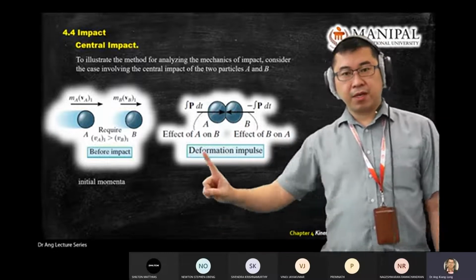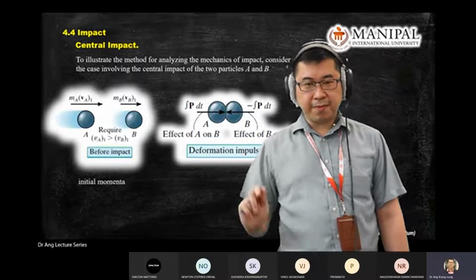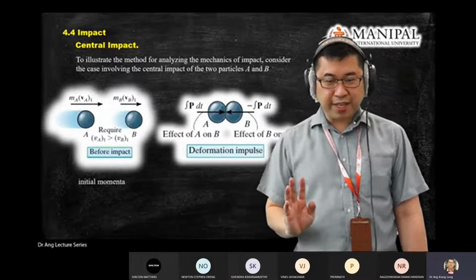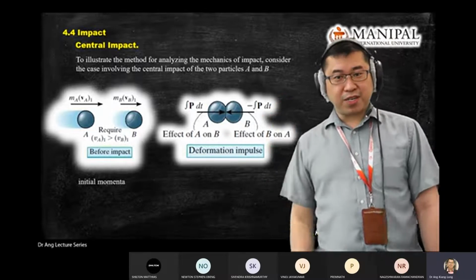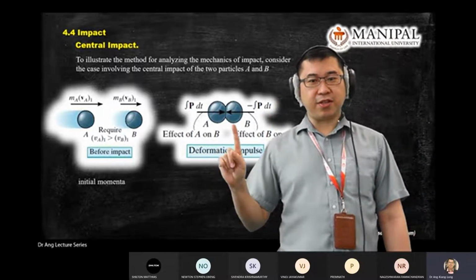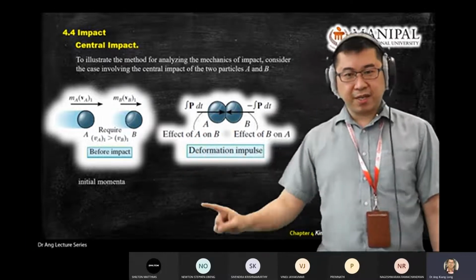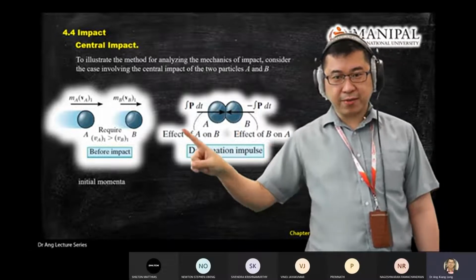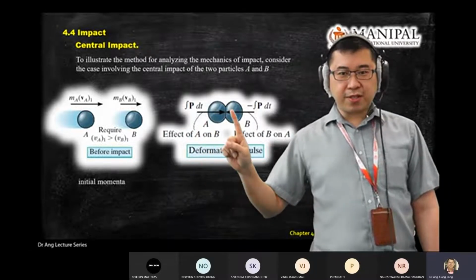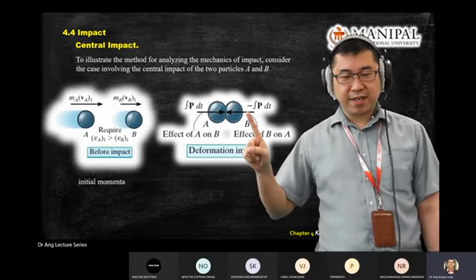Look carefully. These two will not be the same, so read carefully in the test or final exam. There might be a question that asks you to calculate or determine the effect of A on B. Don't calculate this one. Make sure you understand what is acting on what. Don't get confused.